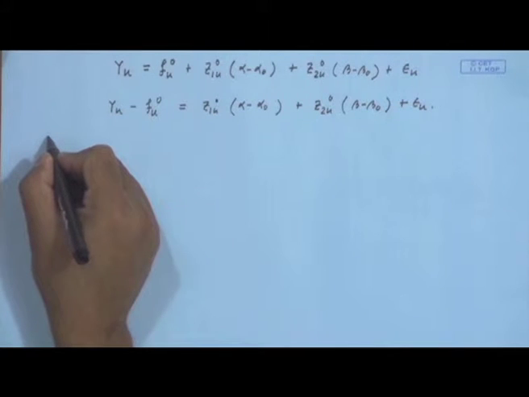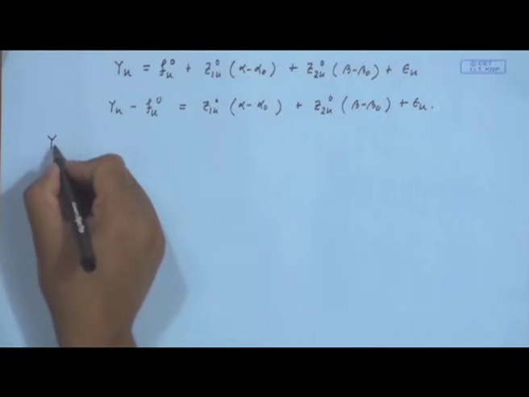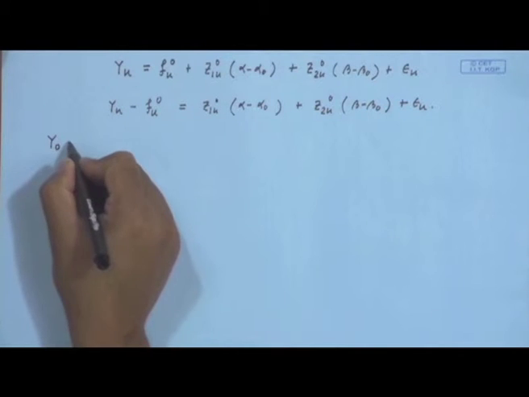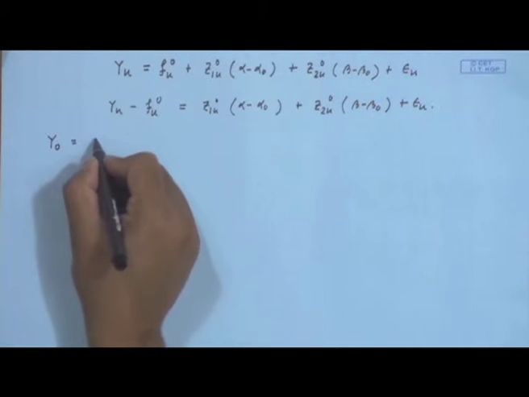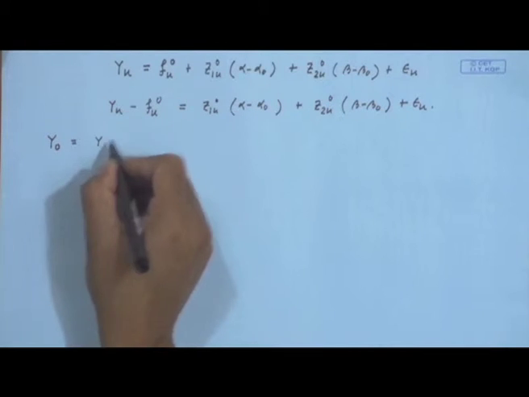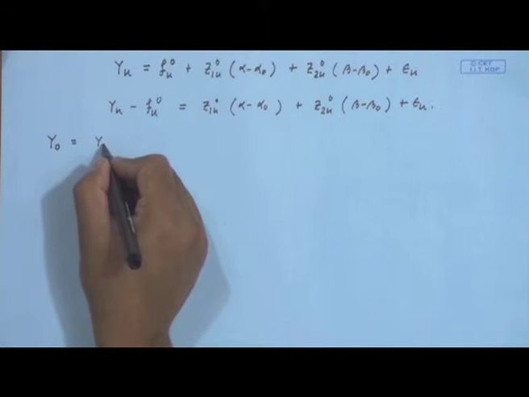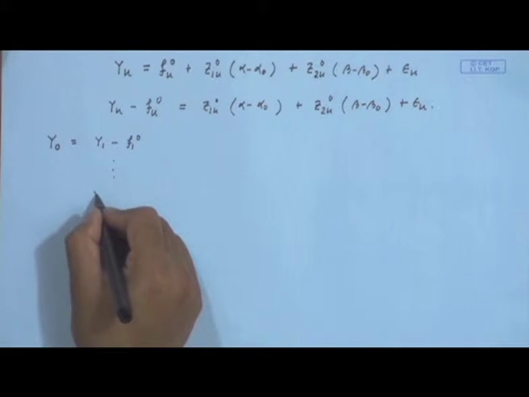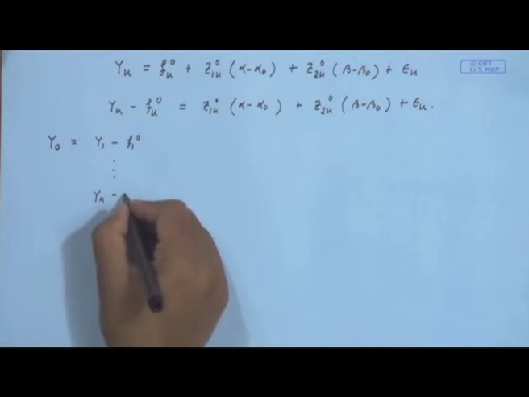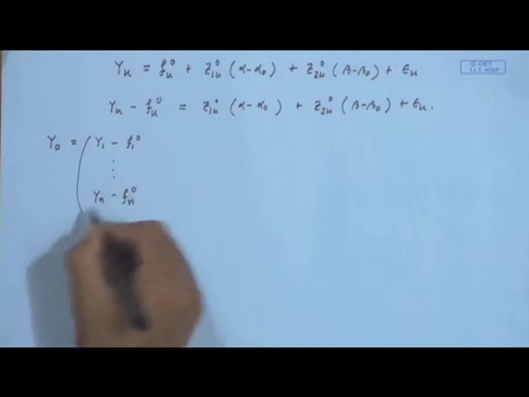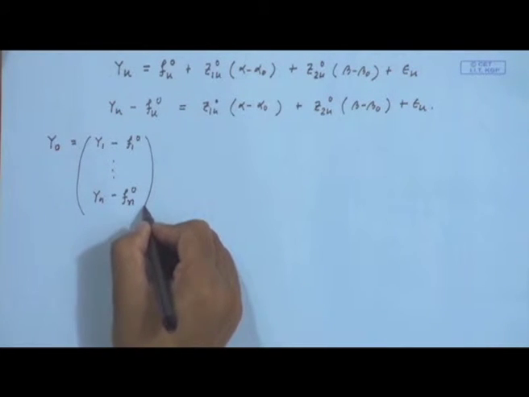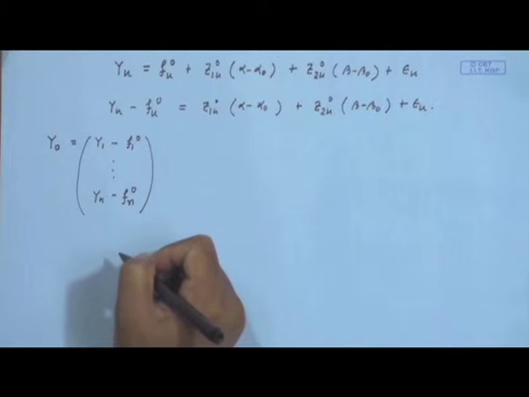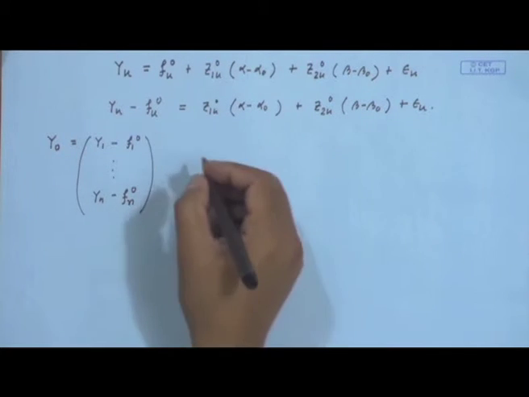So, I will use the notation y naught for the response vector: y_1 minus f_1 naught, and similarly y_n minus f_n naught.